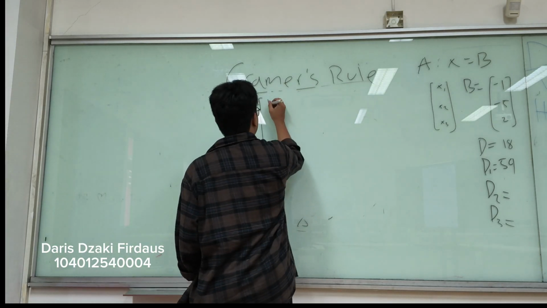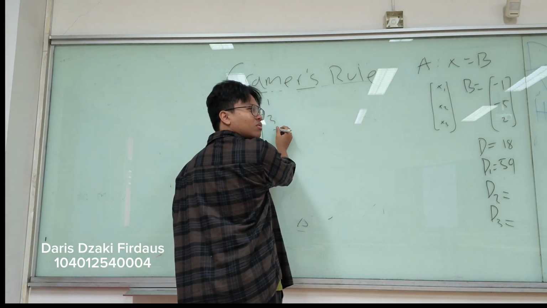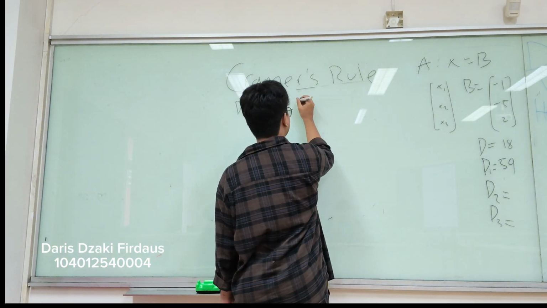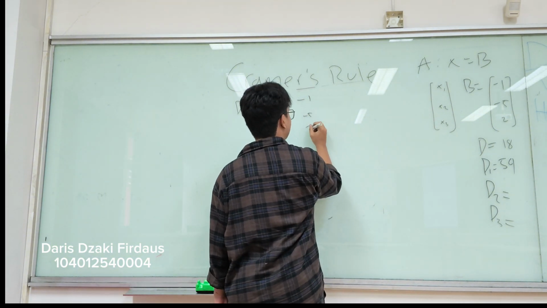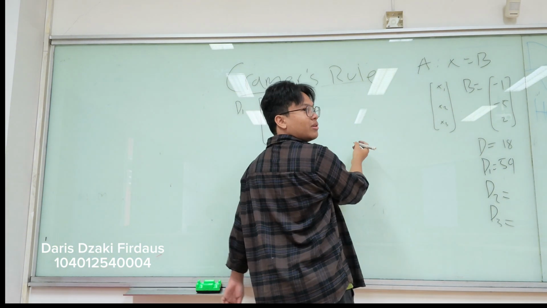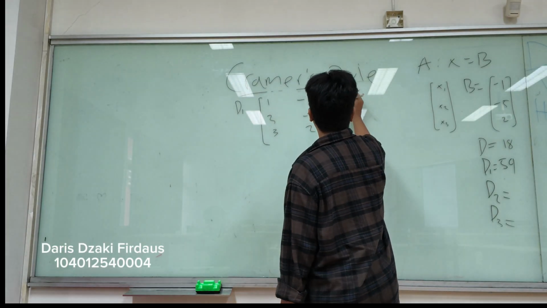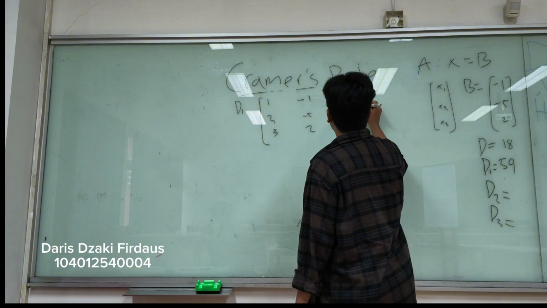We go 1, 3, 3, and then we substitute the b into the second column, minus 1, minus 5, and 2. Then 1, 2, 1. We move again, 1, 3, 3, minus 1, minus 5, 2.